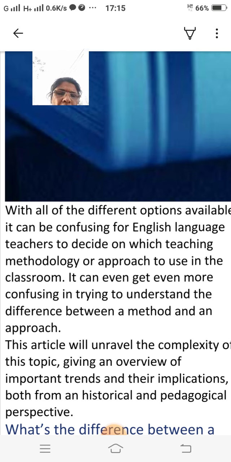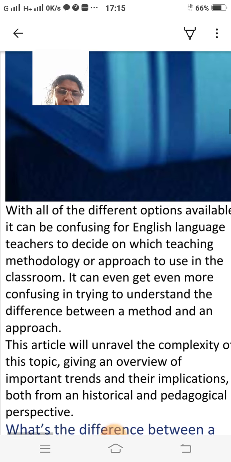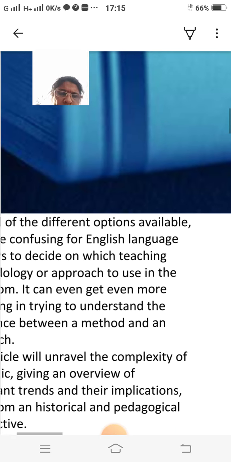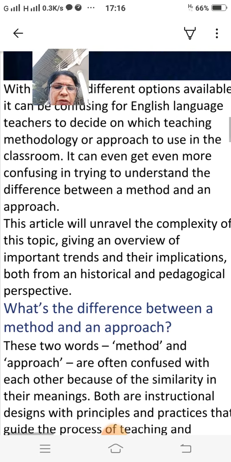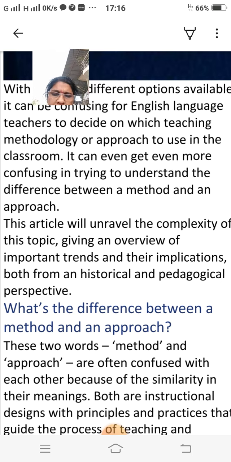This article will unravel the complexity of this topic, giving an overview of important trends and their implications both from a historical and pedagogical perspective.